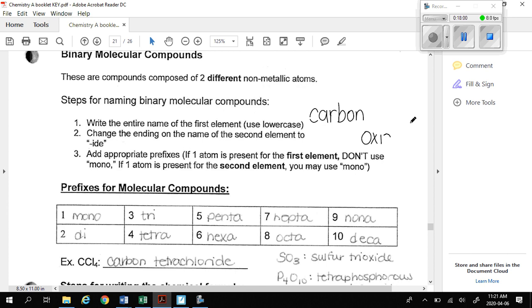Oh, it was so good for a second. So carbon oxide, but now we need to think about our prefixes. So prefixes, the word pre means before. So prefixes for our subscripts. So we know that 2 is di, so we're going to put that in front of the word oxide.